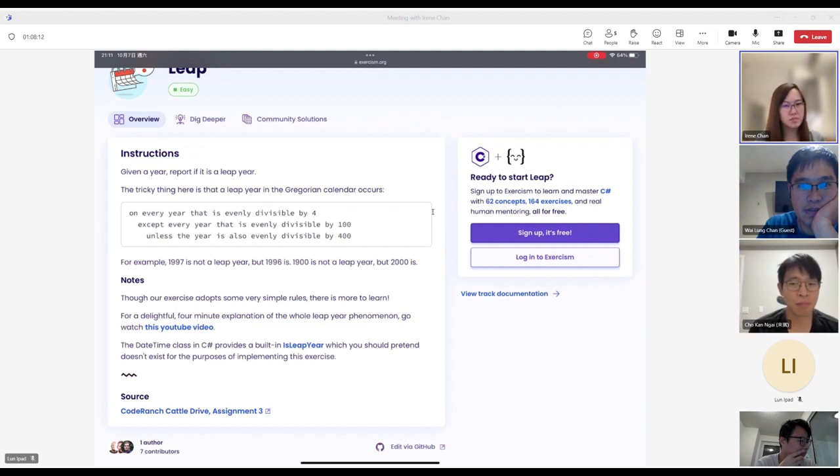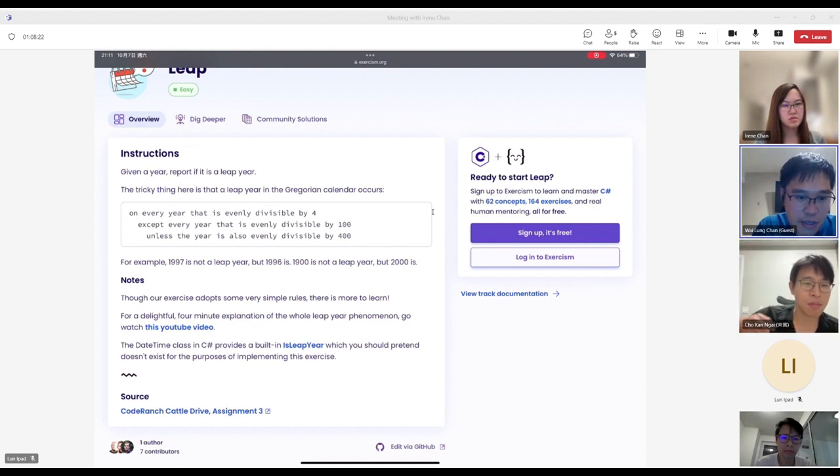1996 is a leap year, because it can be divided by 4. It can be divided by 4, but it cannot be divided by 100, so it is a leap year. What about 1900?